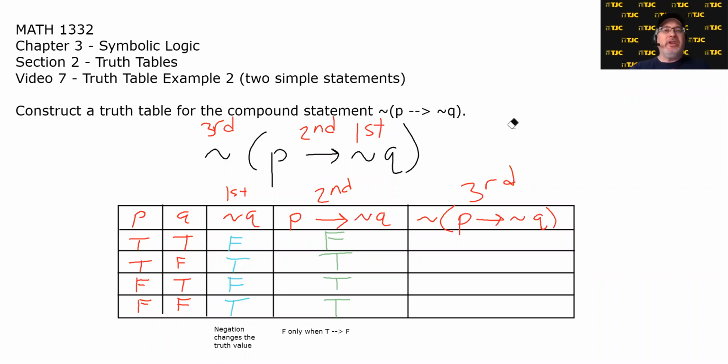All right, now for the third and final column. Which connective or negation was the last column built around? It was built around the negation in front of the parentheses. So we're going to do the rule for negation. And just like before, the rule for negation was, negation changes the truth value.